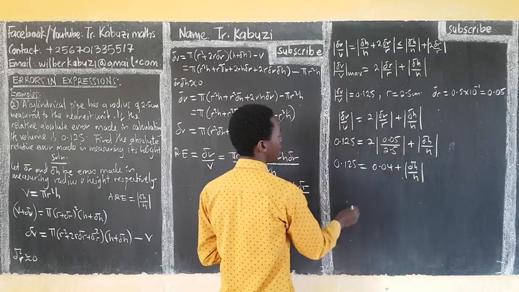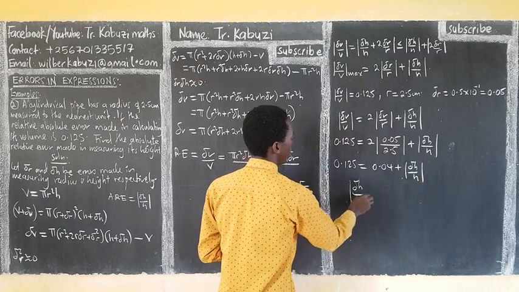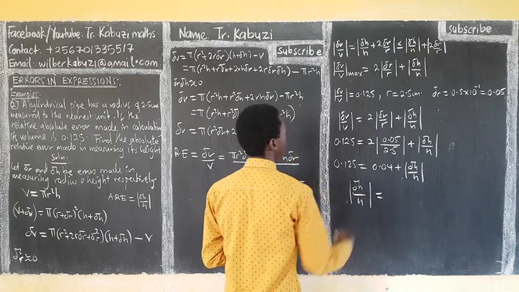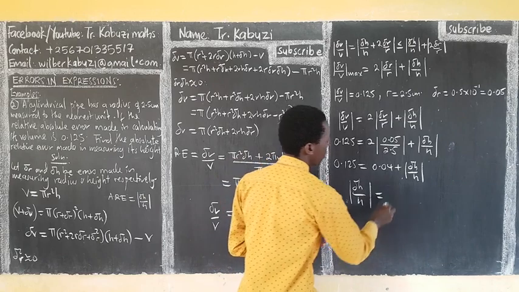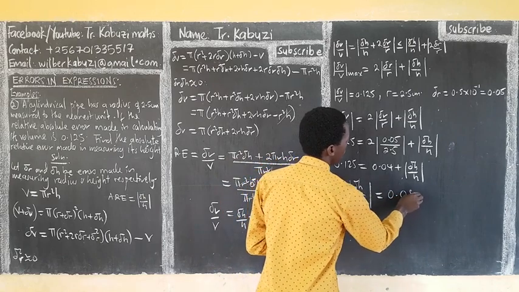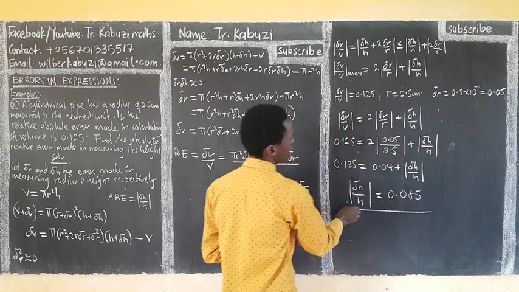So you can see now our sigma h over h is going to be, when you subtract this, 0.085, and that will be our answer.